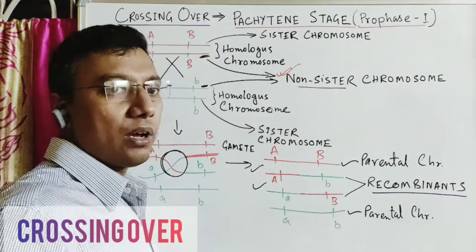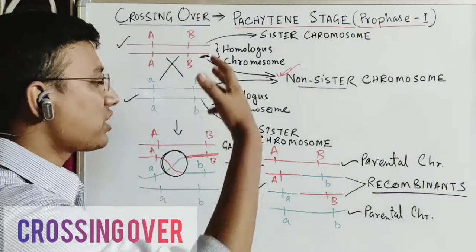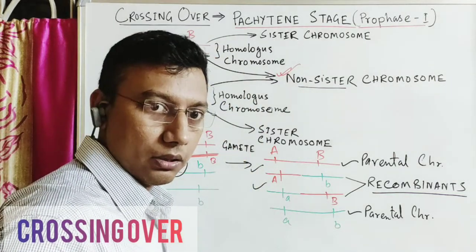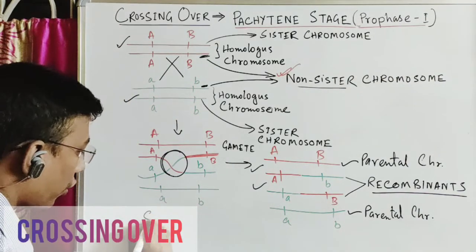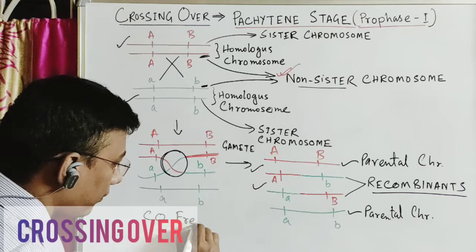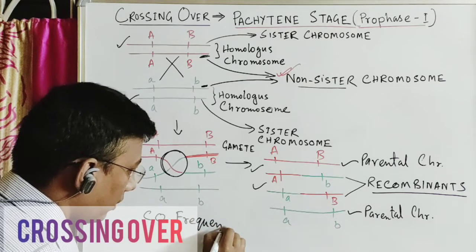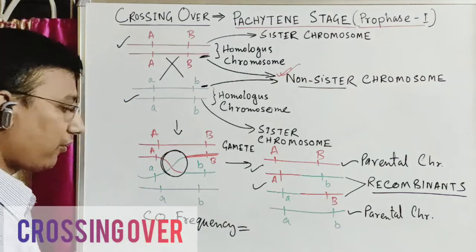Now if I want to calculate the crossing over frequency, what would be the crossing over frequency?